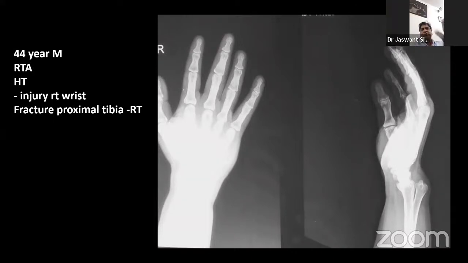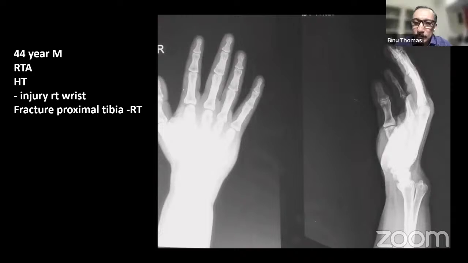Sir, my question is the dislocation is dorsal, and you want to approach volar. What's your opinion on that? Since the dislocation is dorsal, the pathology should be on the dorsal side, so we will have to approach dorsally only.